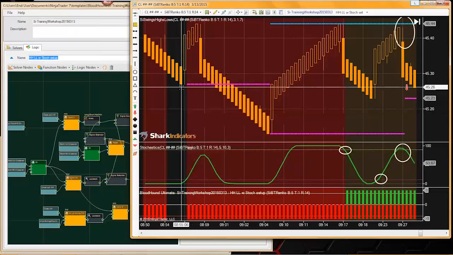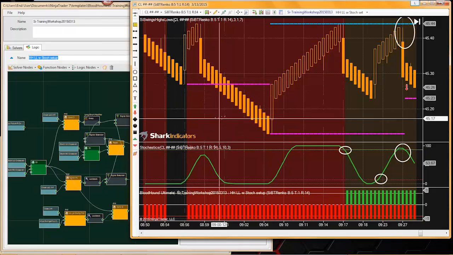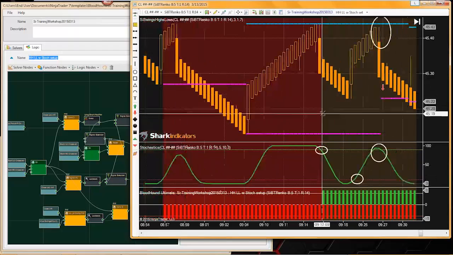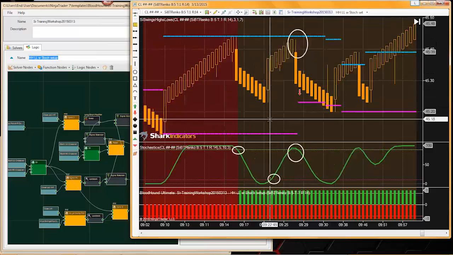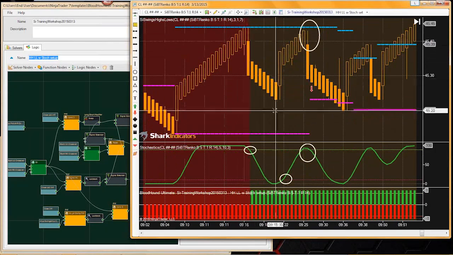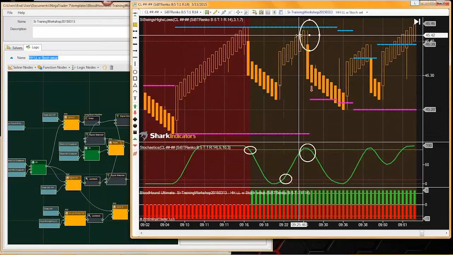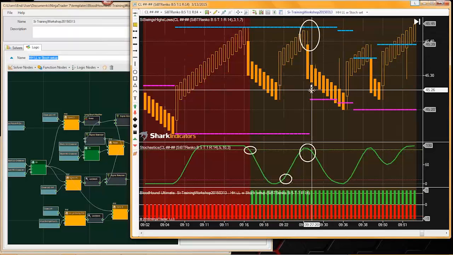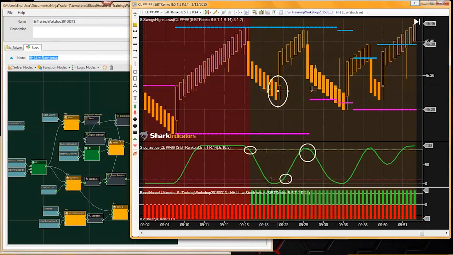Let me take a look. That's right. So okay, condition 2. For the short signal, remember condition 2 is making a low point here.